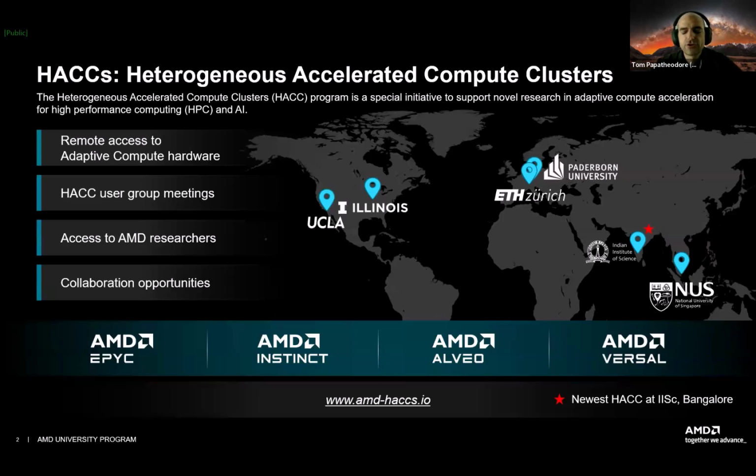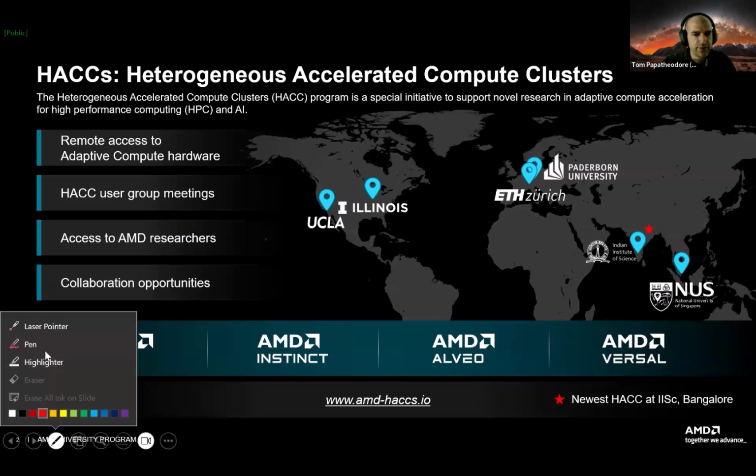The researchers participating in this program can access these clusters remotely to perform their own research. So if you are a researcher interested in this type of heterogeneous computing, you can click this link below to learn more about how you might participate.